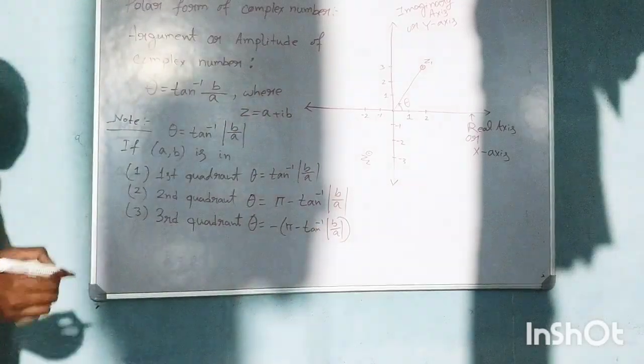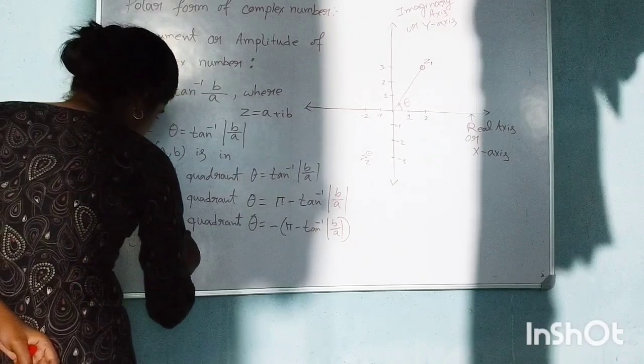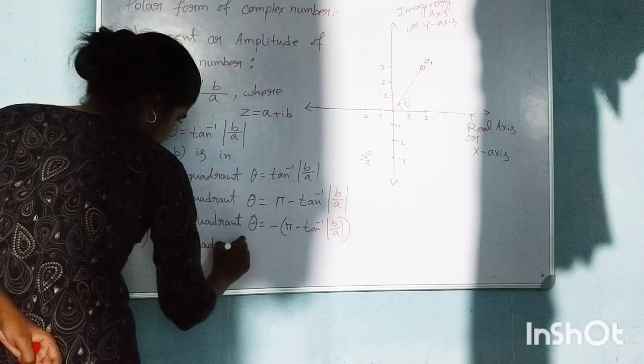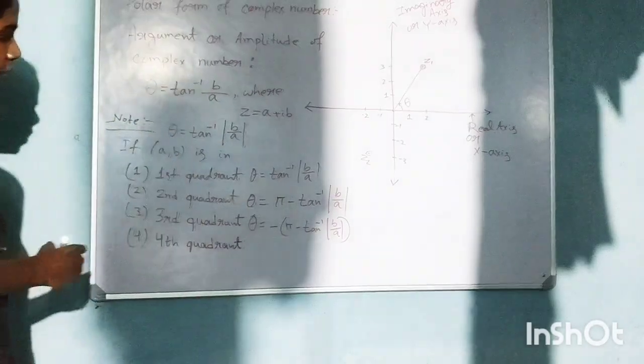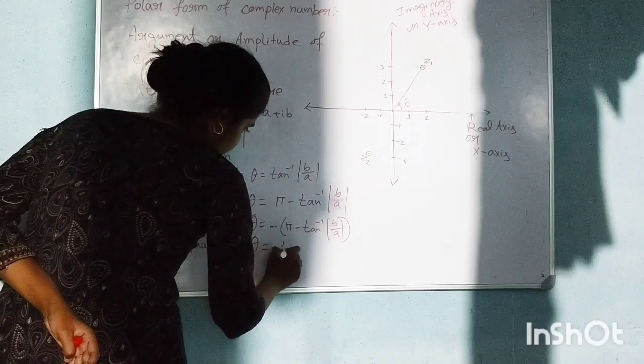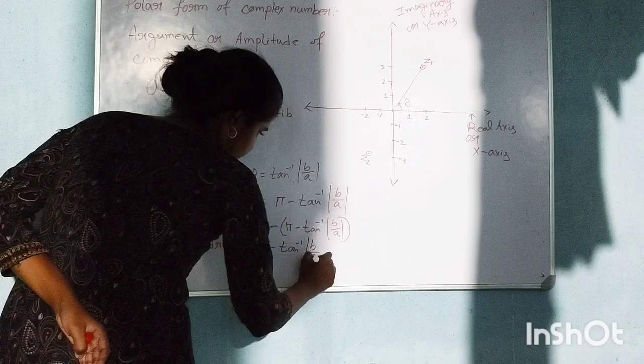If it is in fourth quadrant, it will be theta equal to minus tan inverse mod b by a.